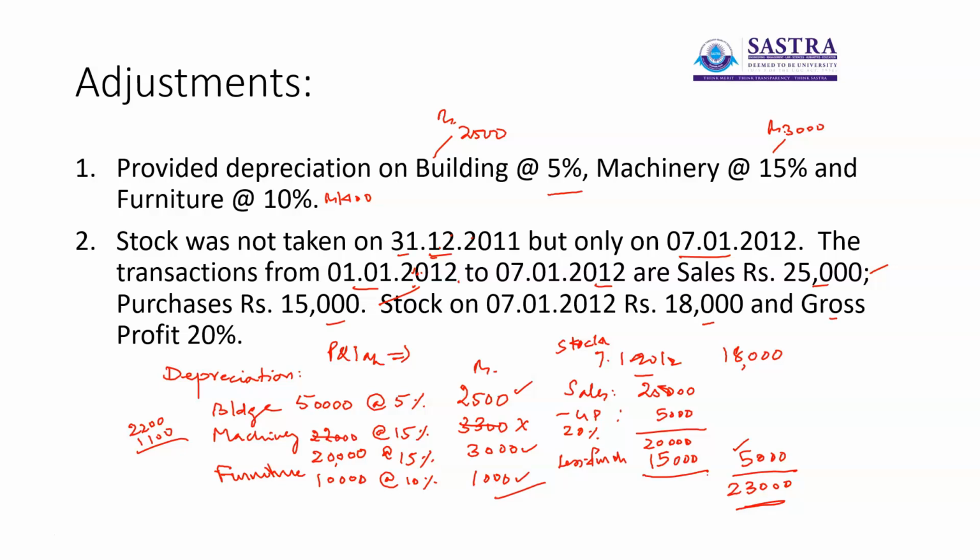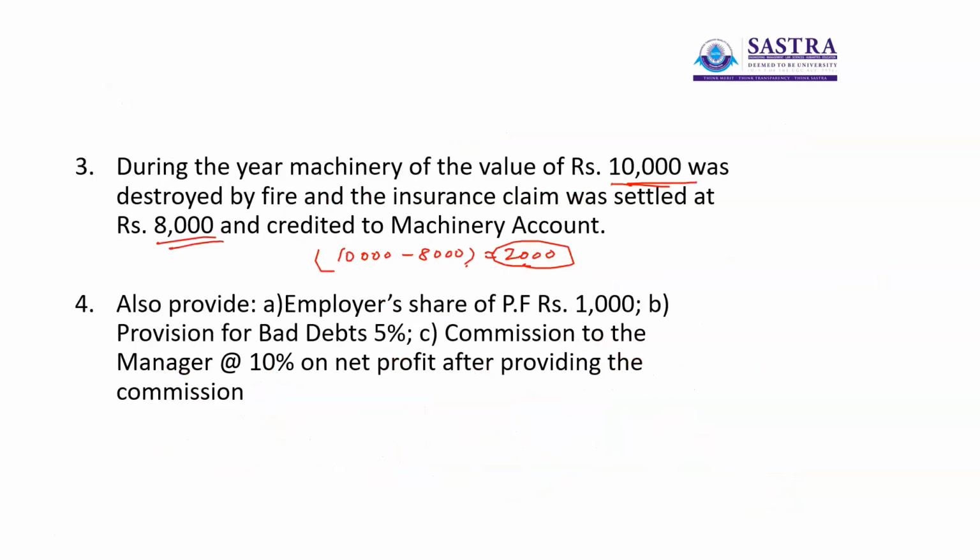Moving further, the third adjustment we already looked at. Here in this case, your closing stock, 2,000 loss to be debited to P&L account, and the 8,000 will be shown in the balance sheet asset side.